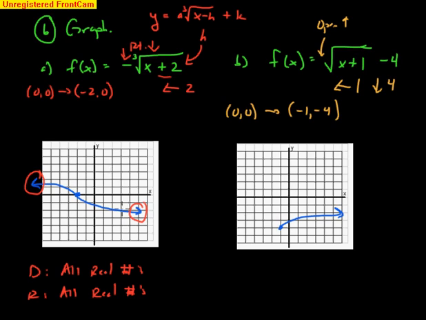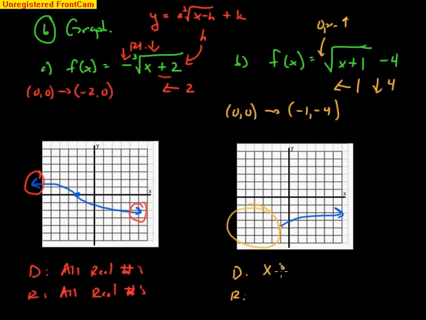Now, with a square root graph, the domain and range are different, right? Because you have certain x and y values. This part of the graph's empty, right? So we need to find the first x value, the leftmost x value. So we go, there it is right here. That is an x value of -1, and it goes greater than.